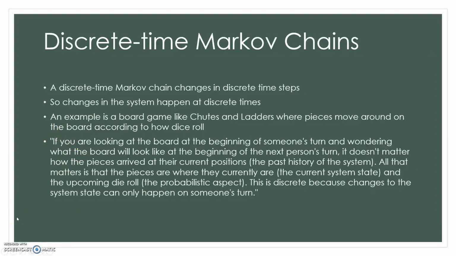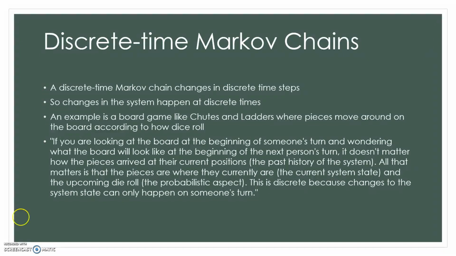If you're looking at a board at the beginning of someone's turn and wondering what the board will look like at the beginning of the next person's turn, it doesn't matter how the pieces arrived at their current positions, the past history of the system. All that matters is that the pieces are where they currently are, the current system state, and the upcoming die roll, the probabilistic aspect. This is discrete because the changes to the system state can only happen on someone's turn.